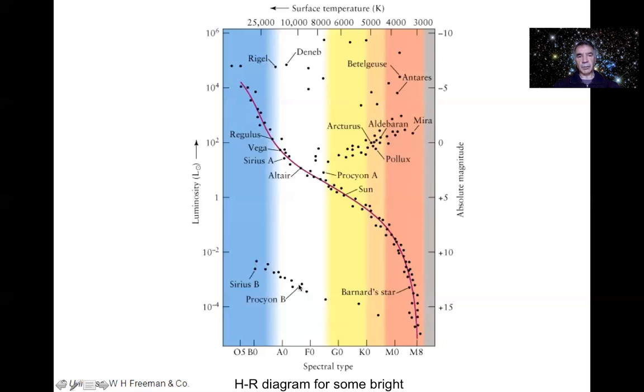So quite hot, but not very luminous. Those were some bright stars, naked eye stars, effectively. That's not going to be a particularly representative sample of all stars. A lot of them happen to be near the Earth, which is why they're bright.